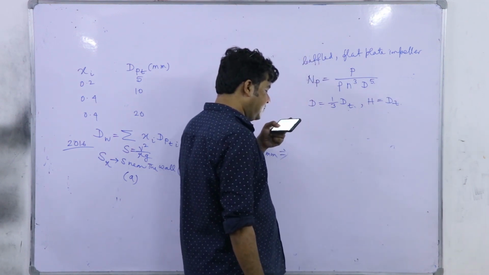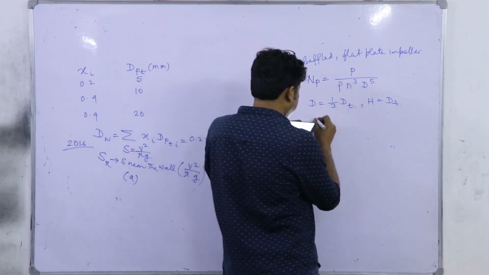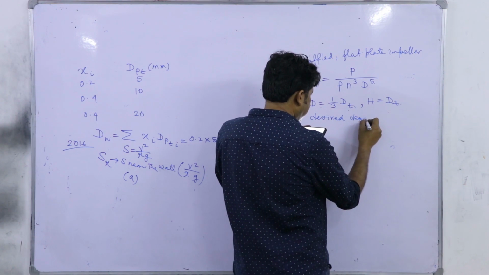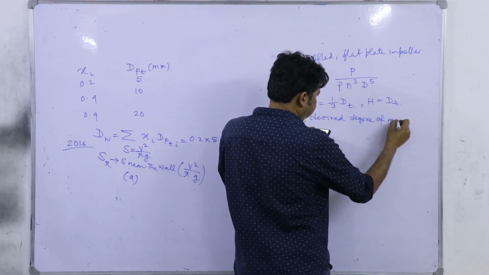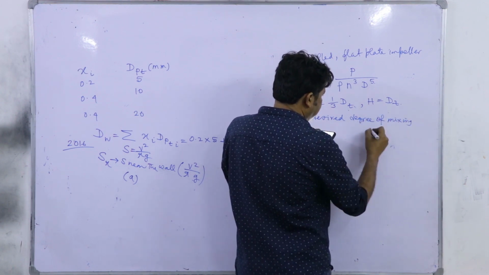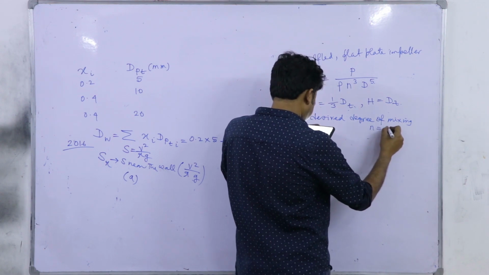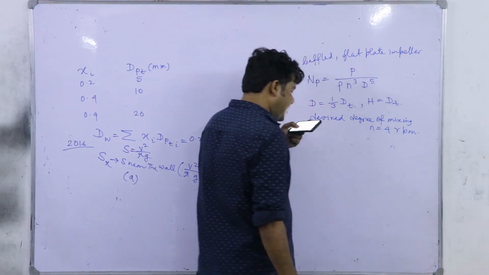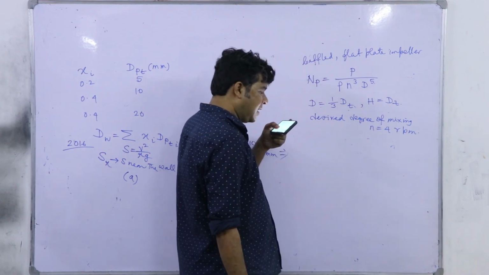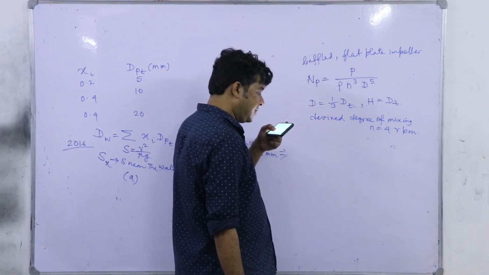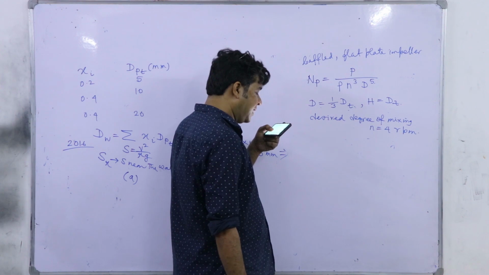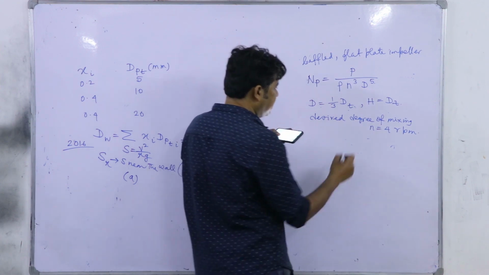The impeller speed to achieve the desired degree of mixing is N equal to 4 rpm. It is scaled up in a scaled up design. The linear dimensions of the equipment are to be doubled, holding the power input per unit volume constant.